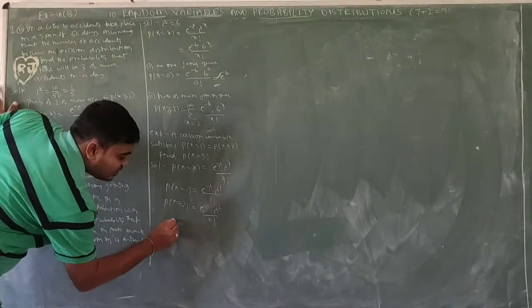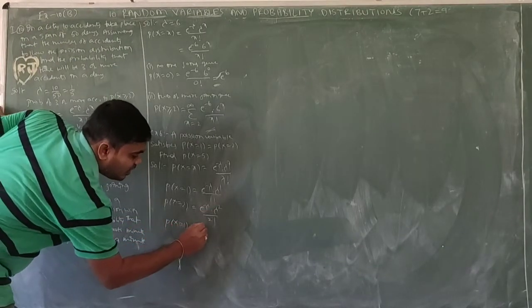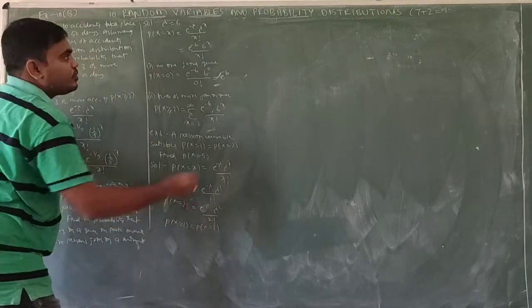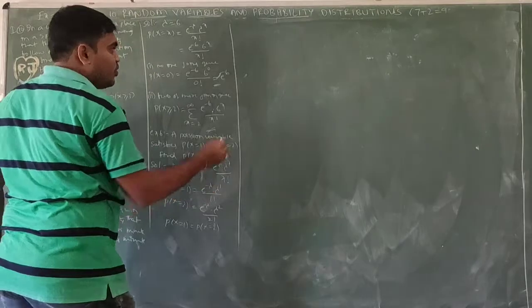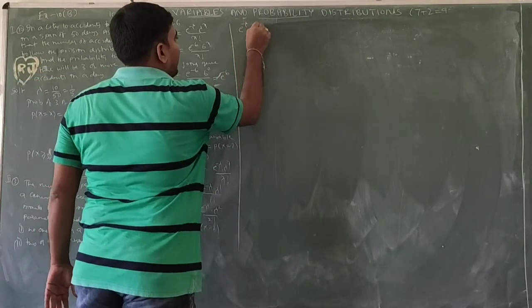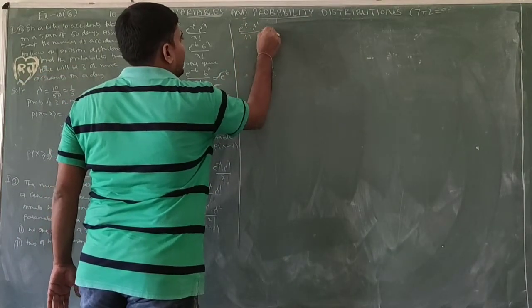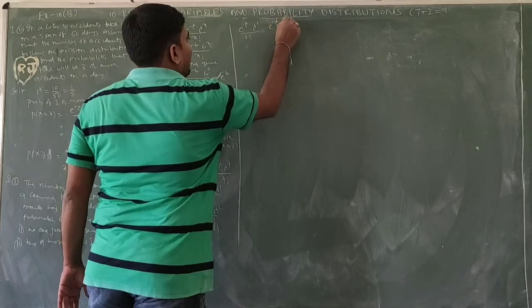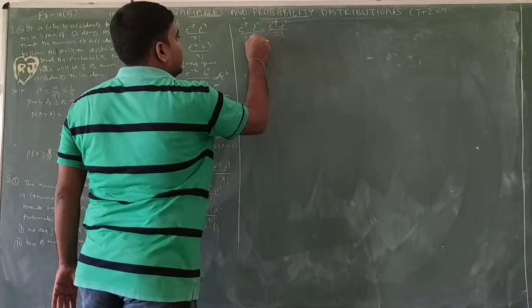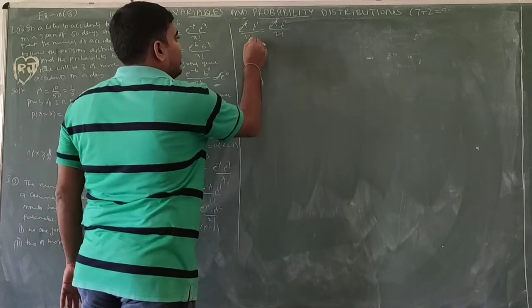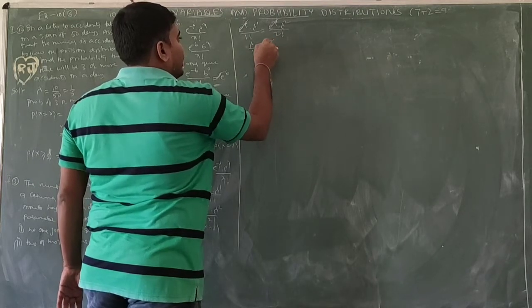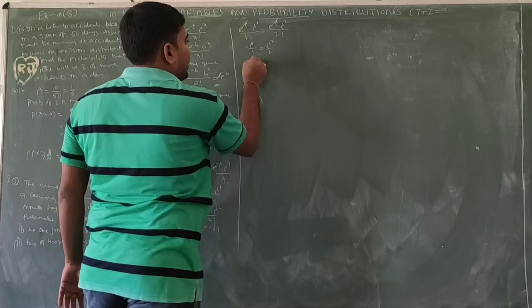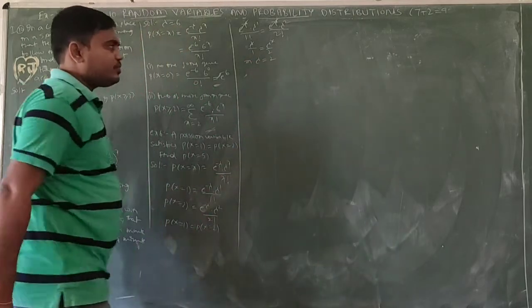P of x equal to 1 equal to P of x equal to 2. So e power minus lambda, lambda power 1 by 1 factorial equal to e power minus lambda, lambda square by 2 factorial. E power minus lambda cancels, lambda by 1 equal to lambda square by 2. So one of the lambda cancels, which implies lambda value 2.